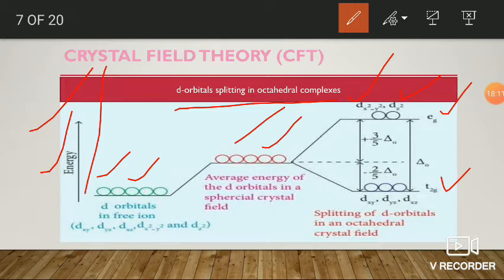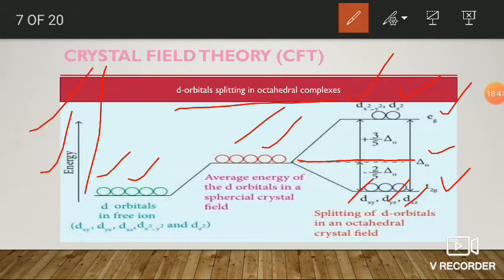The EG set orbitals are generally located along the axis where the ligands are approaching the central metal ion, so they get more repulsion, so more energy, so they enter into a higher energy level. But in the case of the T2G orbitals, that is dxy, dyz, dzx orbitals, they are generally located in between the three axes, xyz axes, so there is somewhat less repulsion with the ligands, so they get less energy, so they enter into a lower energy level than the bare state. This is the bare energy level.